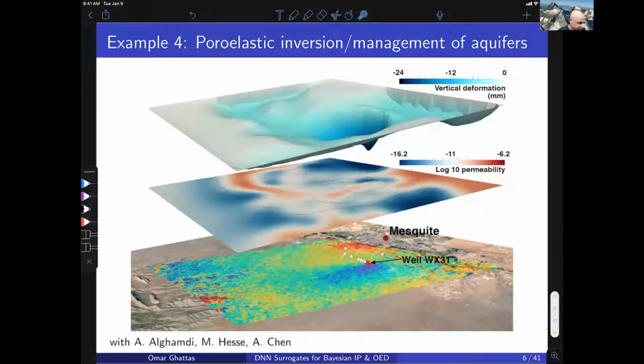I'm not showing you the Bayesian solution, but this one was compact enough that we could do full Bayesian Markov chain Monte Carlo, accelerated by second order Hessian information, through a generalized preconditioned Crank-Nicolson scheme. We were able to do that with sufficient computing time on a coarse-ish 3D poroelastic mesh. But the optimal experimental design is out of the question, because the Bayesian inverse problem has to be solved repeatedly to determine where the best wells are.